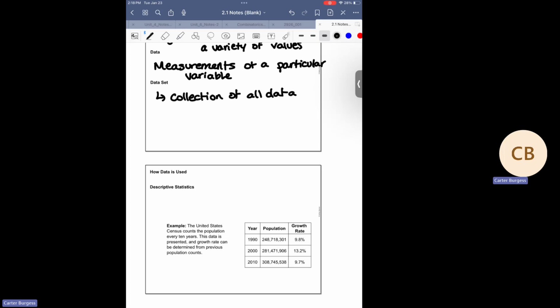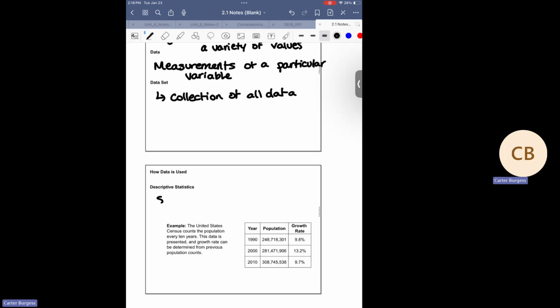When we are using the statistical piece not to make a prediction about the future or to generalize to a broader population, but instead just to describe the data as we see it, we are using what is called descriptive statistics.